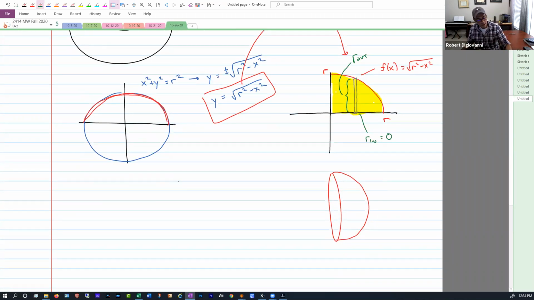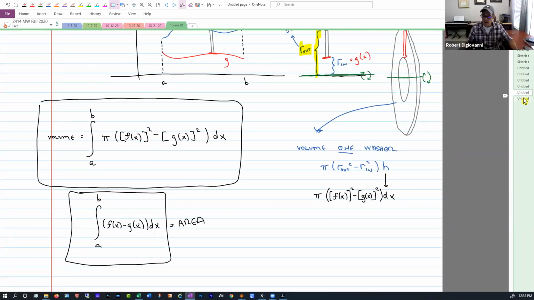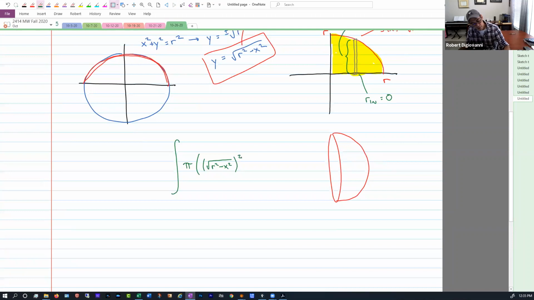So I know right away my integral is going to be pi times my outer radius, which is this square root function, squared. Oh man, that's going to make my life so great. Squared minus the inner radius, which is just 0, squared, dx.